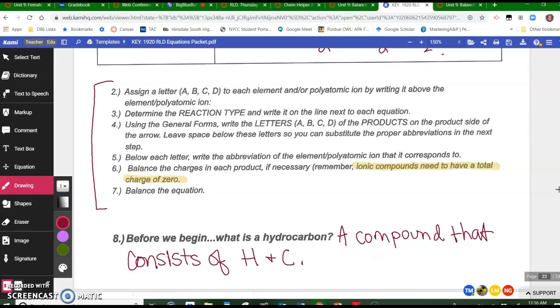I'm going to tell you, though, that sometimes you can have some oxygen in there, too. So it could be C and H for sure, sometimes oxygen. All right, I'll give you a minute to finish writing that out.